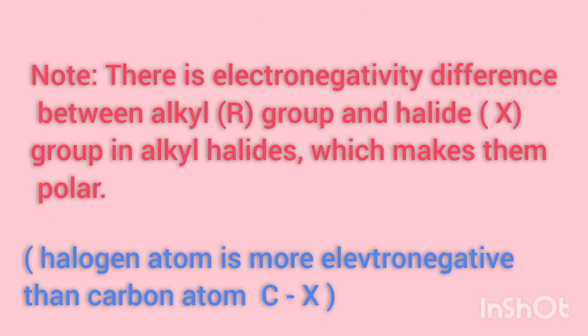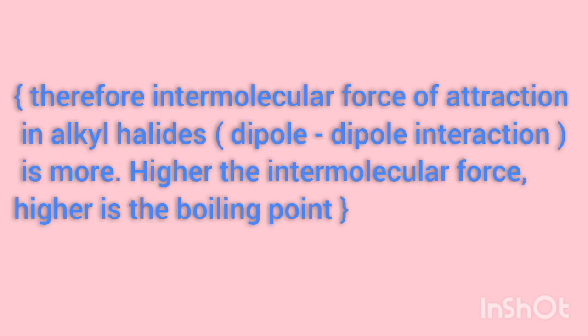You must know that there is electronegativity difference between the alkyl group and halide group in alkyl halides, which makes them polar, and therefore the intermolecular force of attraction in alkyl halides, that is dipole-dipole interaction, is more. Higher the intermolecular force of attraction, more is the boiling point.